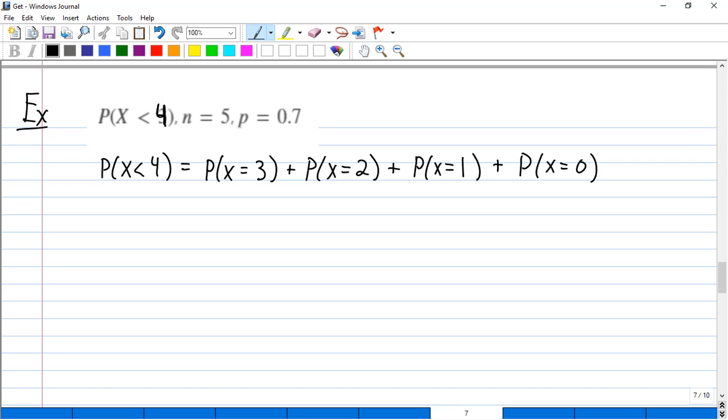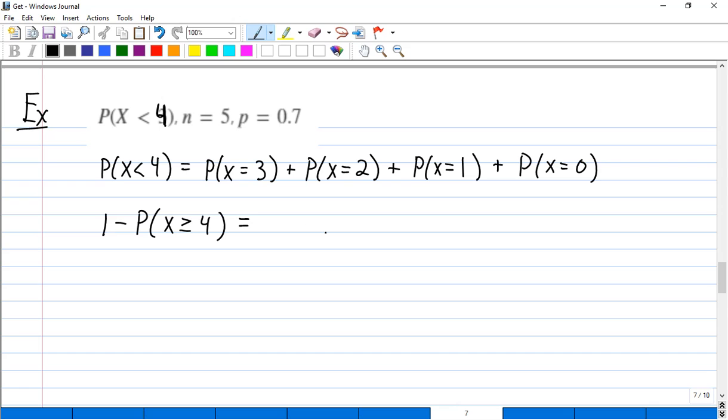Another way to think of this problem, though, is for me to figure out 1 minus the probability that x is greater than or equal to 4. Greater than or equal to is the opposite of less than.